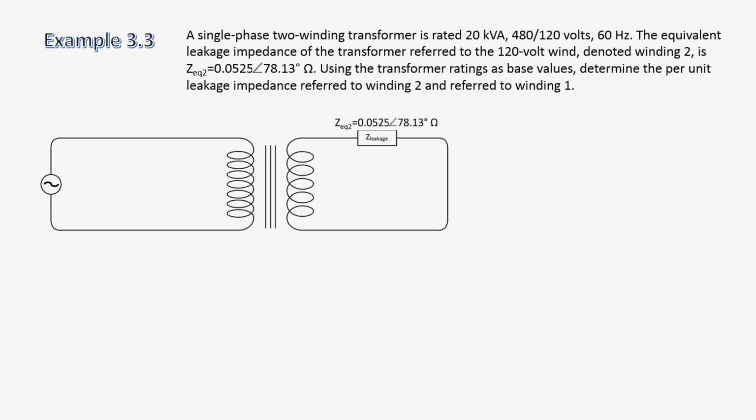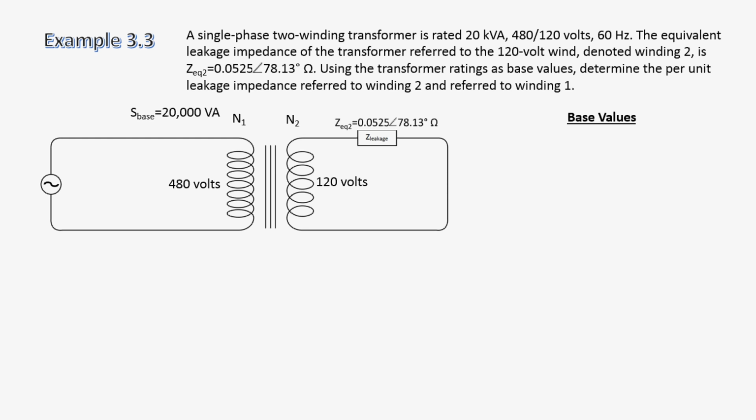Then we're going to make sure that we know, since power is conserved, 20 kilovolt amperes is going to be conserved over the entire circuit, thus making it S base. Next, we're going to label the transformer coils and the voltages on those coils, because those are going to be our base values. Now let's organize the base values so we can get to them easily.